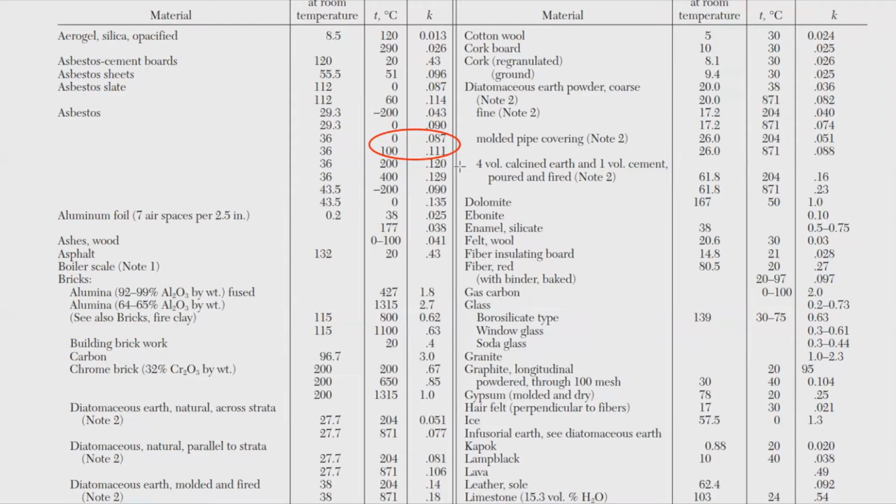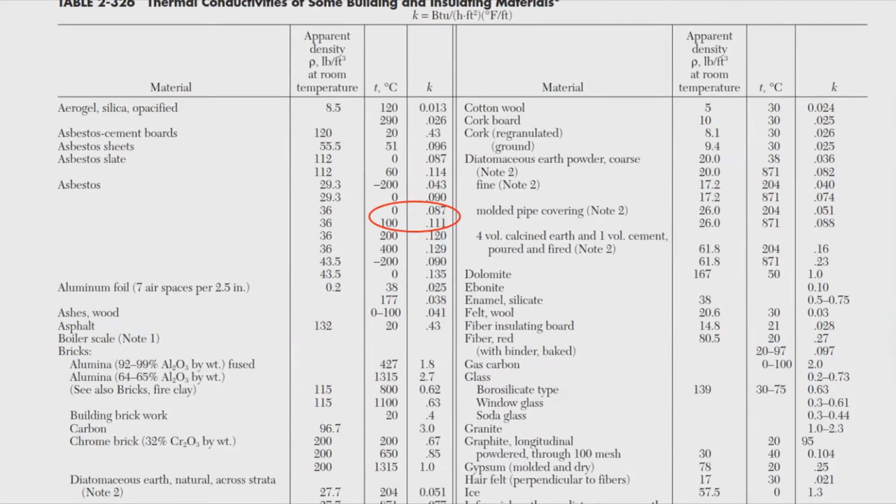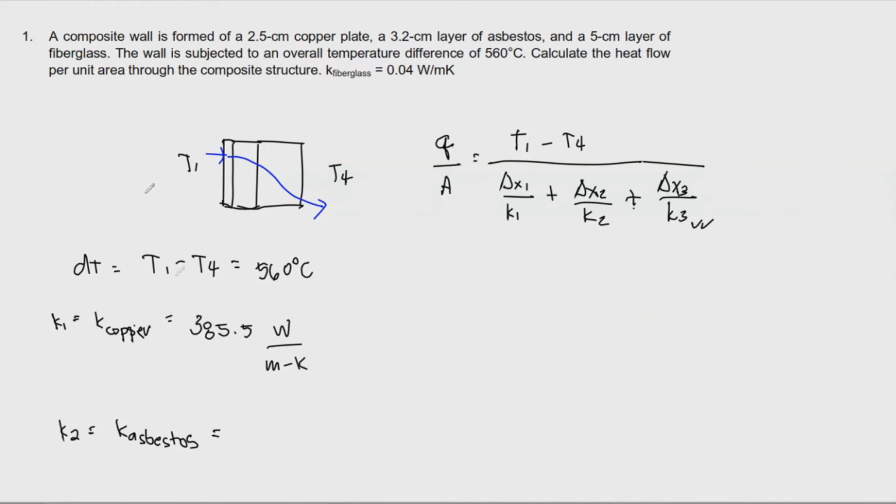So with that, let's just take the average of that too. So I will be getting around 0.099. So the K of our asbestos is 0.099. And I believe that the unit in that table is in English, so we still need to convert this in SI unit.